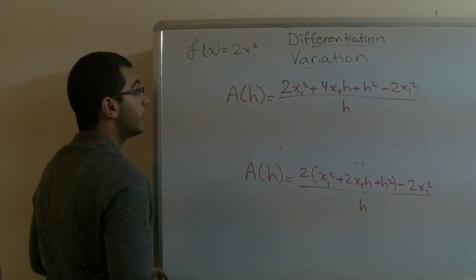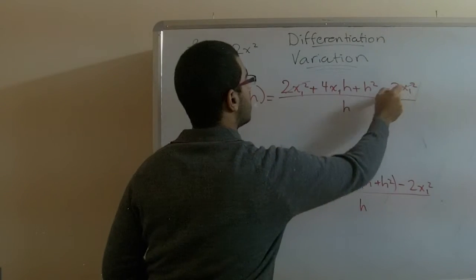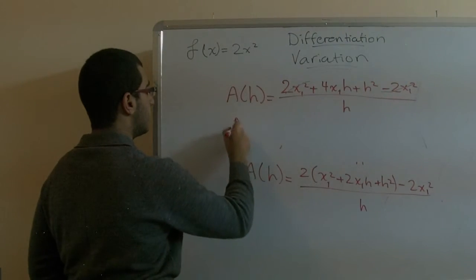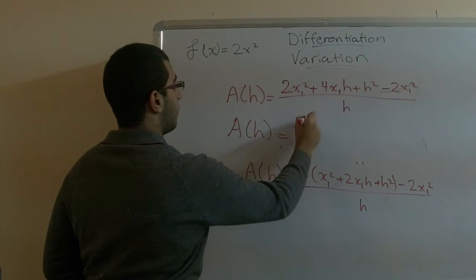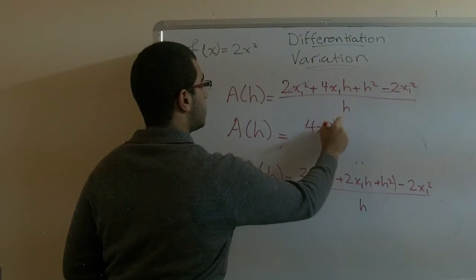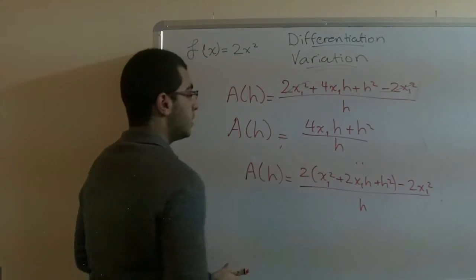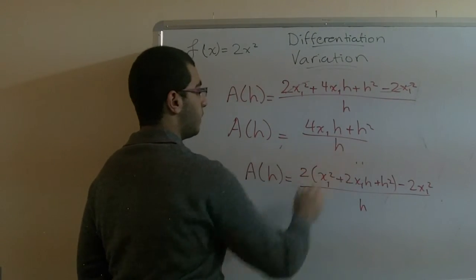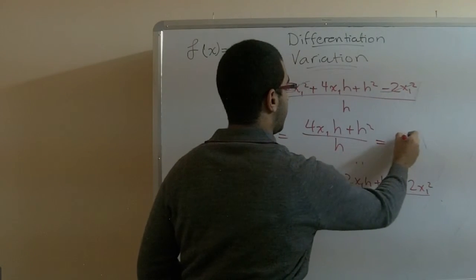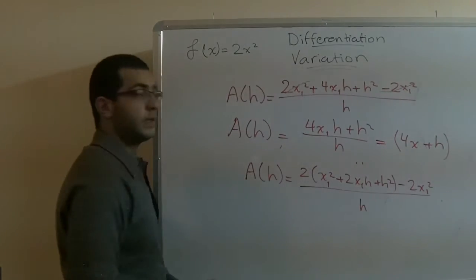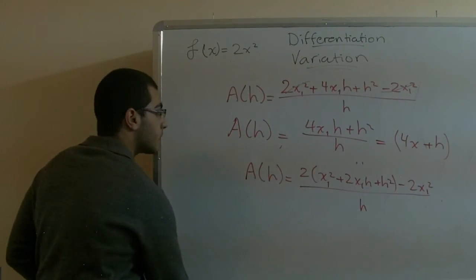Apparently this term cancels with this one to get (4xh + 2h²) over h. So we divide h by both terms to get finally 4x + 2h. So this is our final expression.